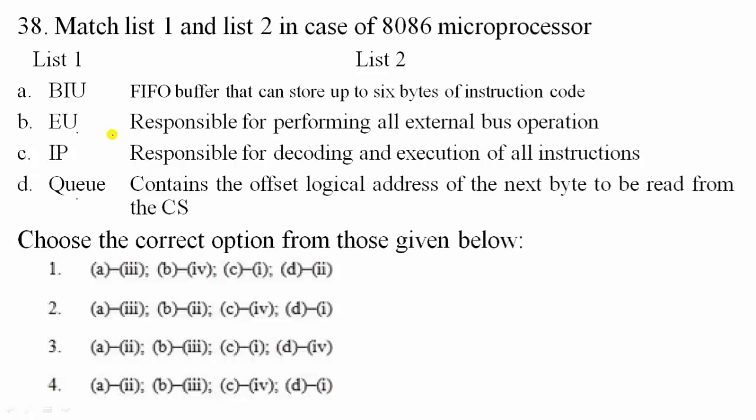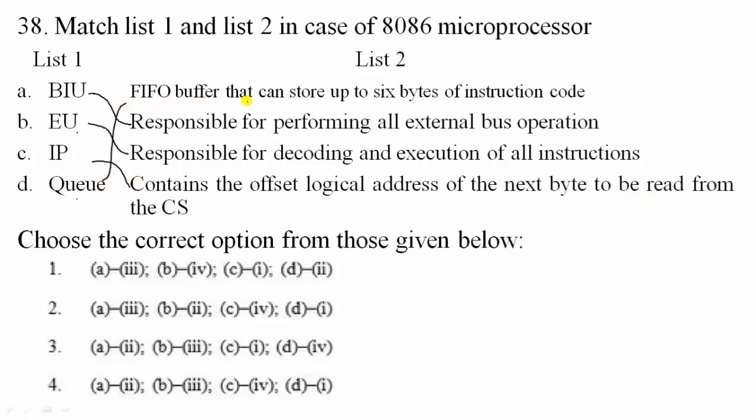Arithmetic and logical instructions will be performed. So the bus interface unit is responsible for performing all external bus operations, and the execution unit is responsible for decoding and execution of all instructions. The instruction pointer contains the offset logical address of the next byte of instruction to be read from the code segment. What is the purpose of the queue?